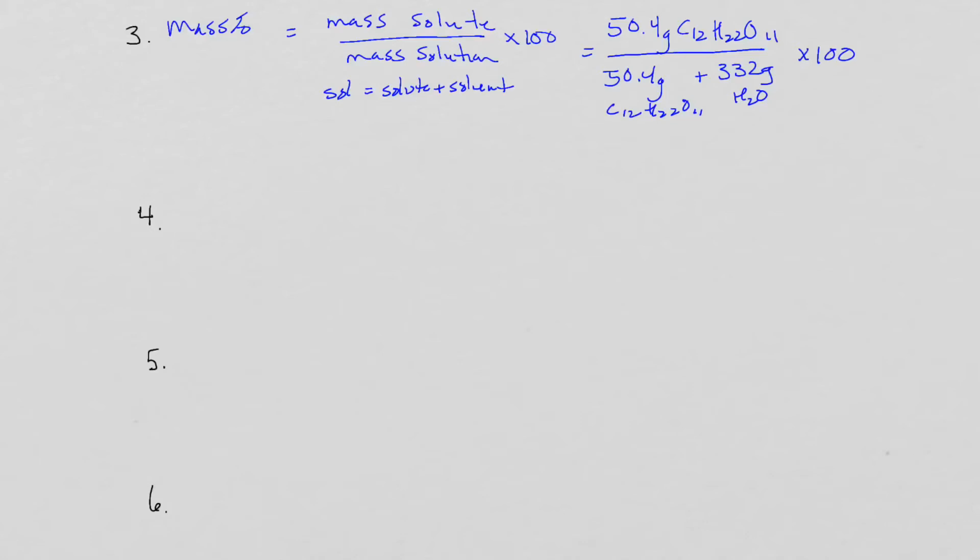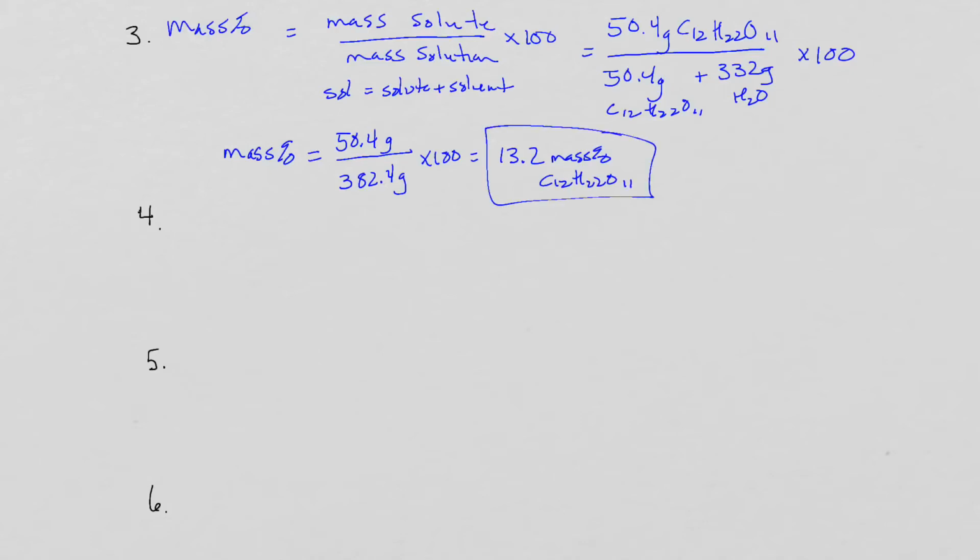So if I work this out, my mass percent equals 50.4 grams divided by 382.4 grams times 100, or 13.2 mass percent C12H22O11. So 13.2 mass percent solution.